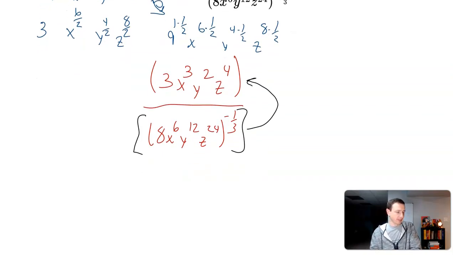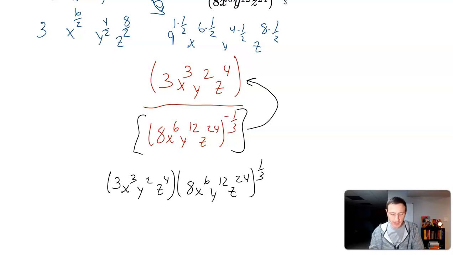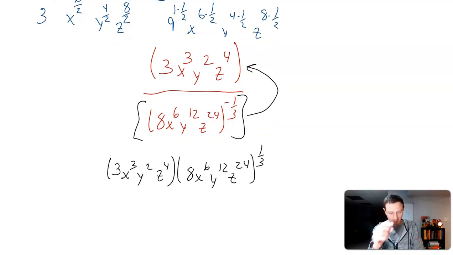Not going to really help us out in simplifying as of right now, but just cleaning this up as much as possible. So 3x to the third y squared, z to the fourth, times 8x to the sixth, y to the 12th, z to the 24th, all raised to the positive 1/3. Now we can do the same thing as I did before with that 1/2.